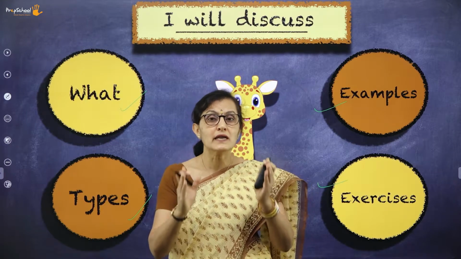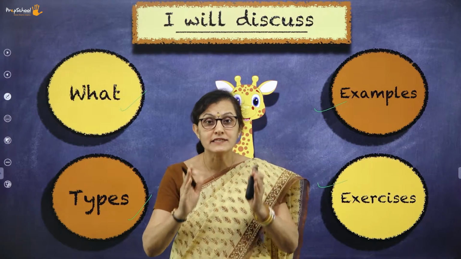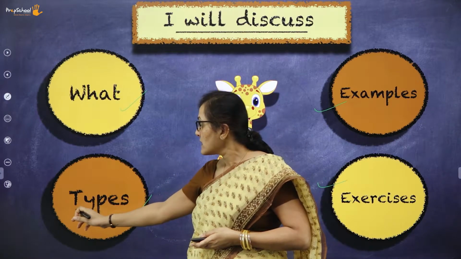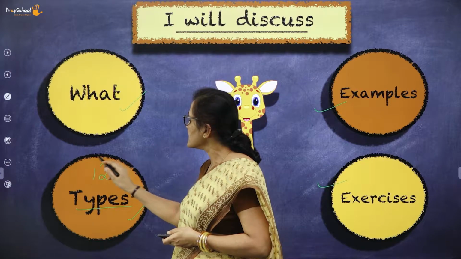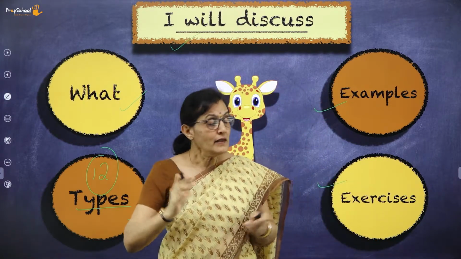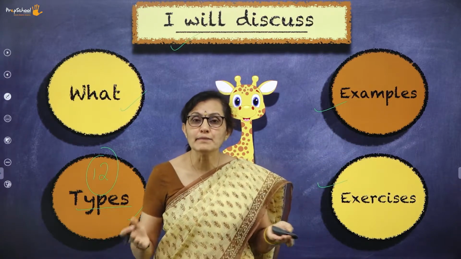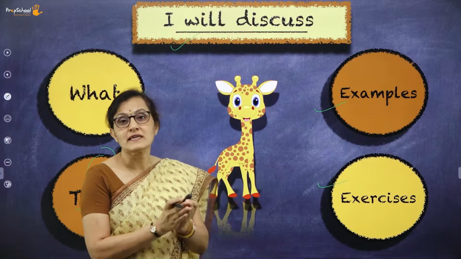We will understand only the active form of tenses, the 12 types. So I will be teaching you the 12 types of tenses today. Did you get that? Then you will have a few simple examples followed by exercises.